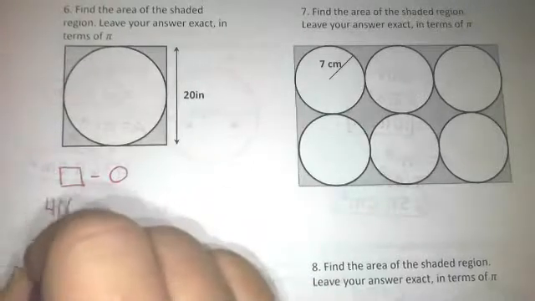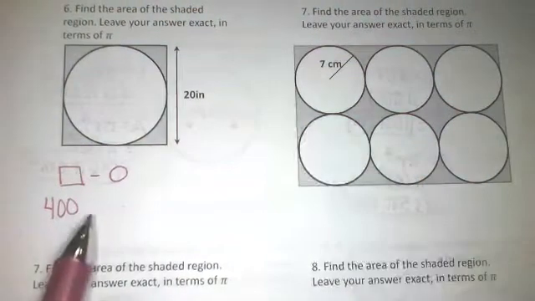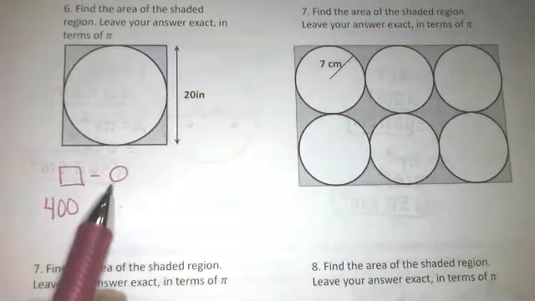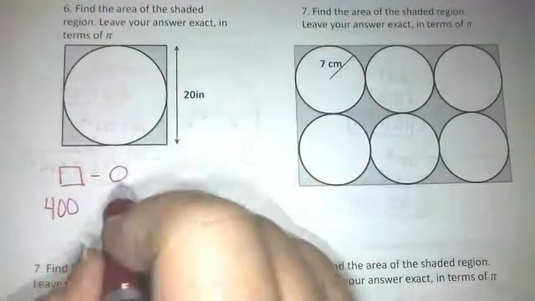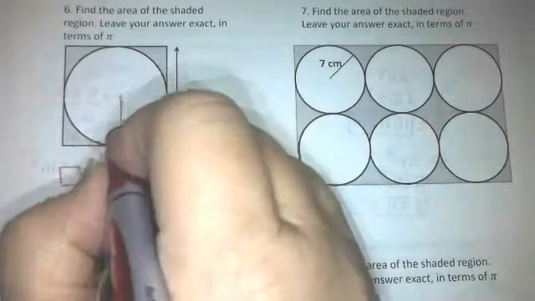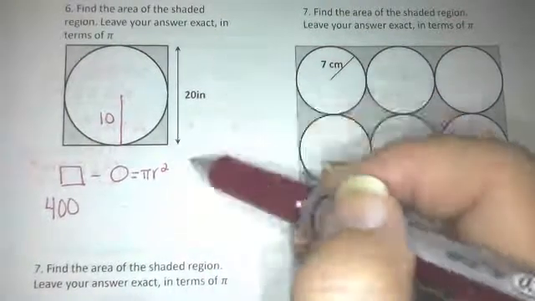Okay, 400 is the square, because we know a square is 20 times 20. Now, the circle. Anya? I'm sorry. Okay. So it would be pi r squared. Okay. The radius is 10, so it would be pi times 10 squared. Good call. So remember, your diameter is 20.